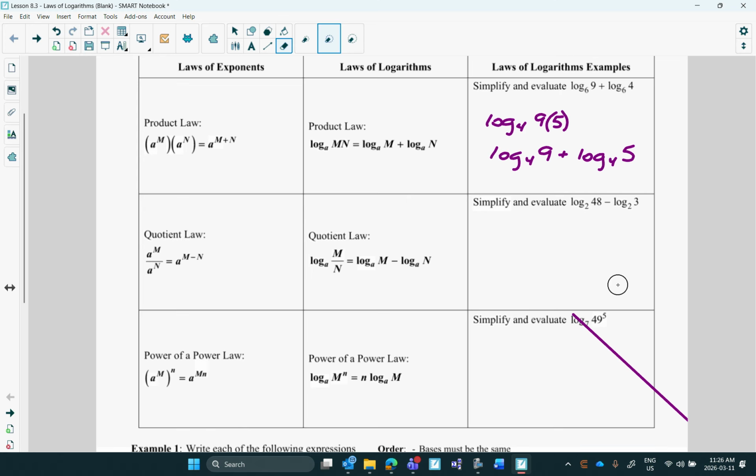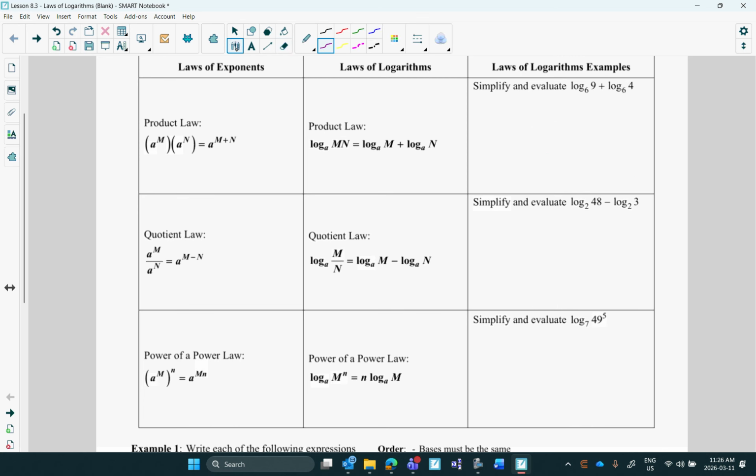If I'm adding 2 logs with the same base, I can combine it into a single log, same base, multiplying the 2 arguments. Okay? Oh no, I did use that as an example. Sorry. Anyway, I was going to do it the other way around. So let's do this: log base 6 of 9 plus log base 6 of 4.